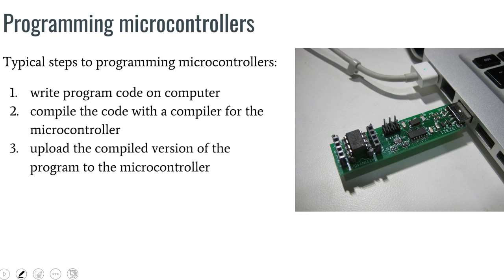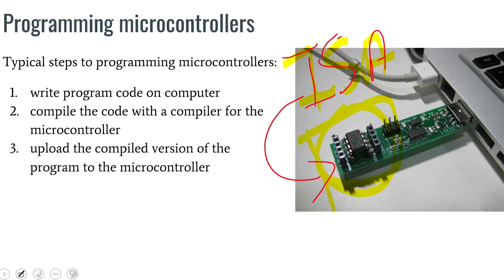The typical way we would go about doing that is we would write the program on a computer and compile the program for that particular instruction set of the microprocessor inside the microcontroller. So depending on what microcontroller we are using, there would be a particular instruction set architecture. For that particular instruction set architecture, we would compile the program, and then the compiled program could be loaded onto the microcontroller, and then that microcontroller can be used.